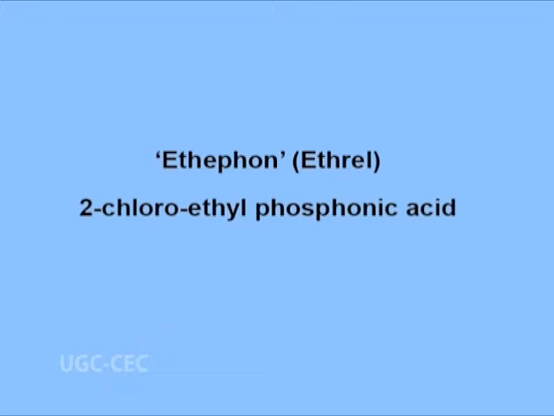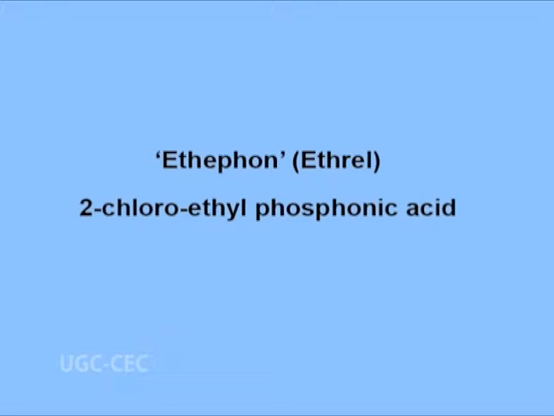In general, external application of ethylene is used for hastening fruit ripening, and the inhibitors of ethylene biosynthesis are used for fruit preservation, transport, and enhancement of shelf life. Ethylene is commercially applied as a liquid spray in the form of ethephon, also known as Ethrel.